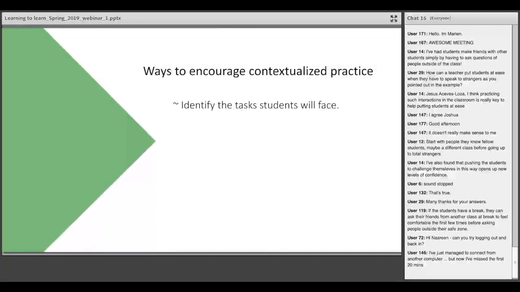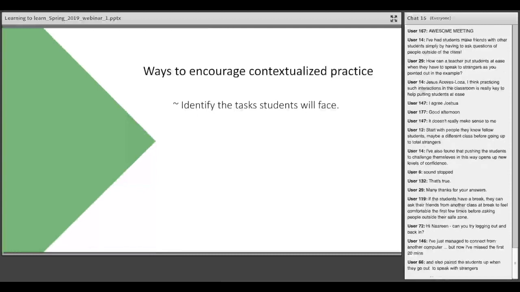So one of the first things as we look at different structures that we're introducing, we want to be able to think about what are the tasks that our students are going to face with these structures. And that's kind of tricky with some structures, but I think with almost everything, verbs, we can think easily how this can translate into different types of learning activities.